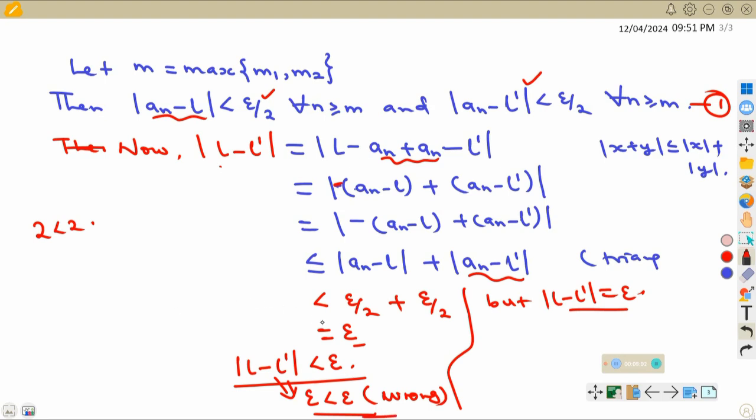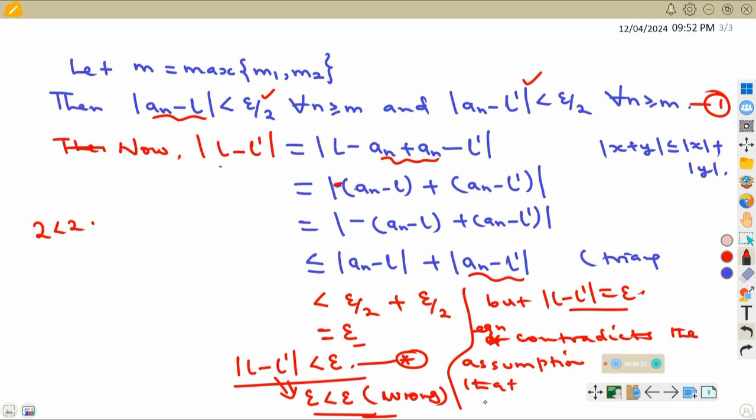So the equation star contradicts the assumption that epsilon is equal to the magnitude of L minus L prime. That contradiction is brought about by this, because epsilon cannot be less than epsilon.